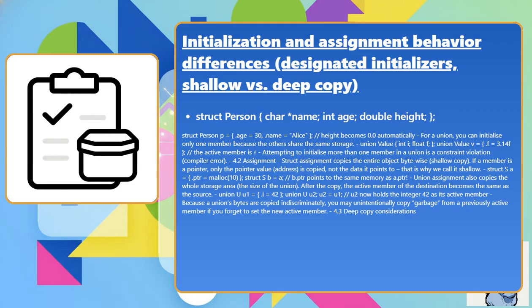4.3 Deep copy considerations. Neither struct nor union provides automatic deep copying.